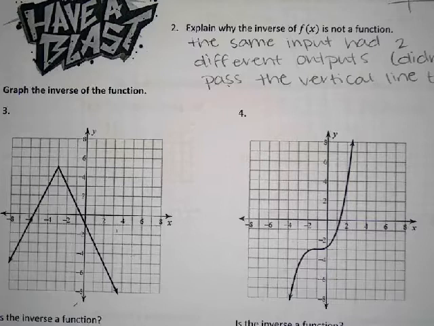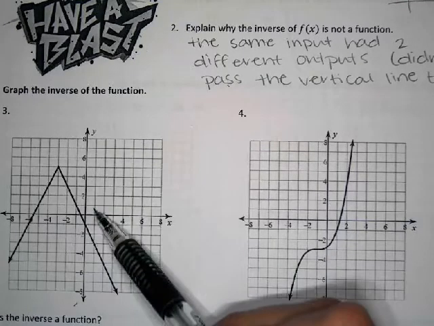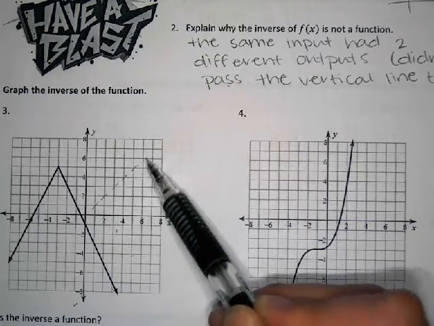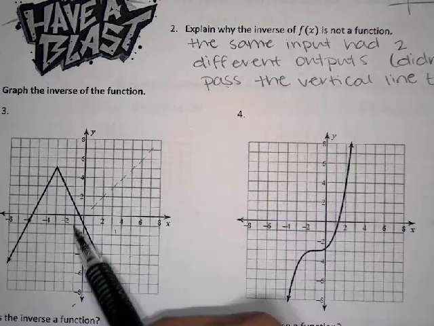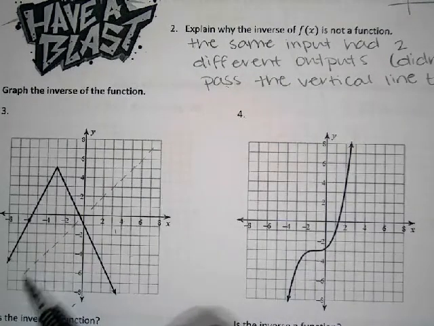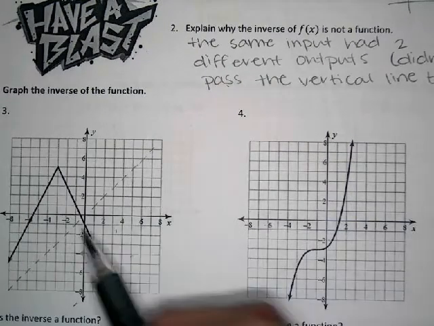So there are 2 options. Some people draw this line in and then try to reflect the image. That's one option, but it's a little bit harder to do.